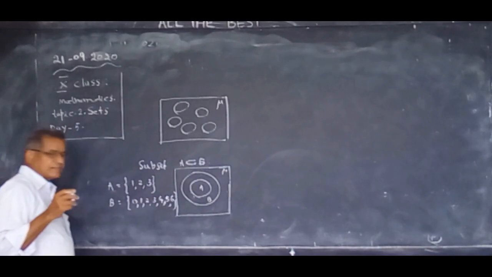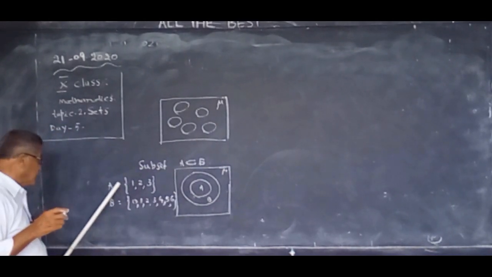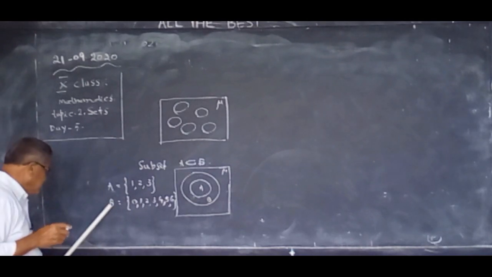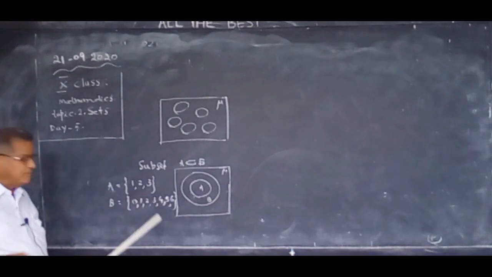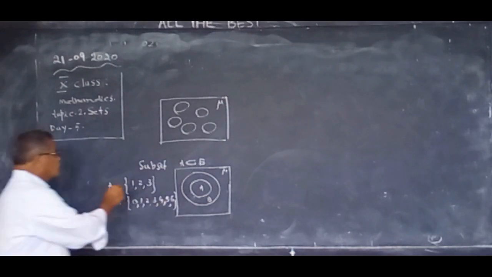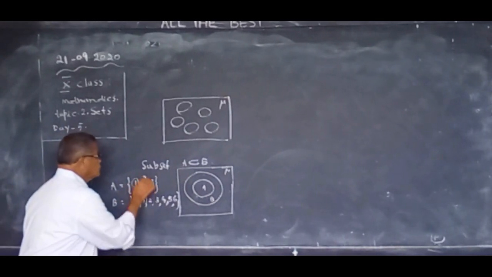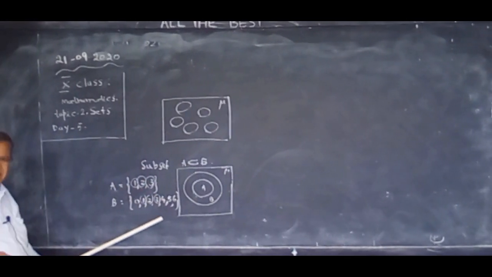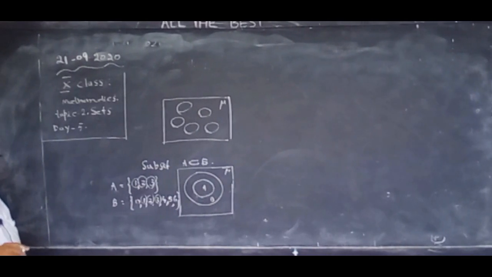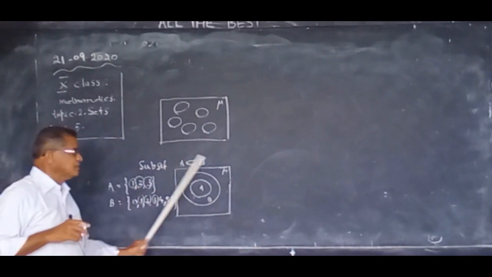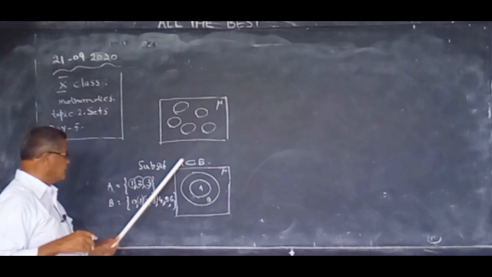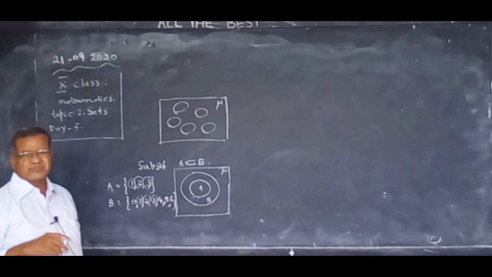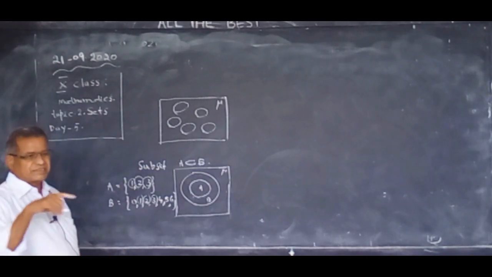It contains more, but the elements of set A are also in set B. So B contains A. Now we call A a subset of B, and B is the superset.